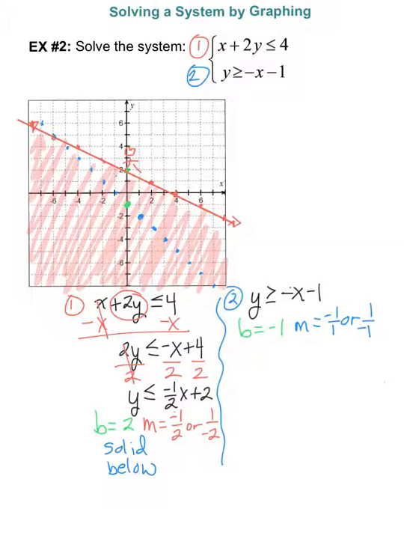So for this one, again, I have an equals to, so it's solid, but this means above. So solid and above. So let's graph the line. Oops, I totally missed that one. I'll have to fix it. There, that's better.